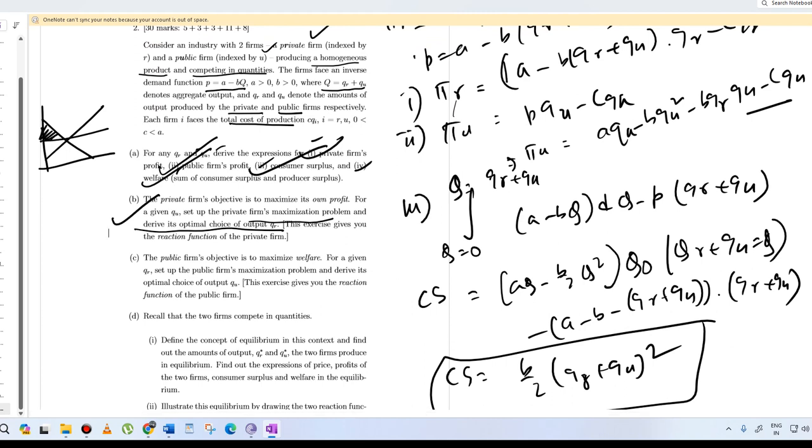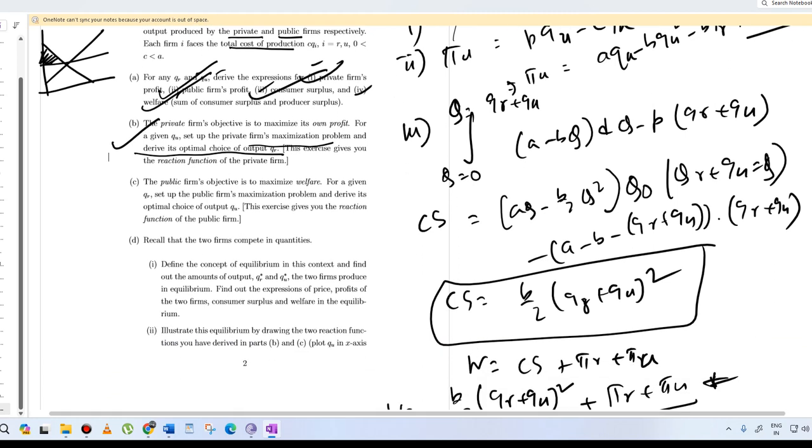Next one, the public firm's objective is to maximize welfare now. So for a given QR, set up the public firm's problem. Very similarly, we can proceed like before.